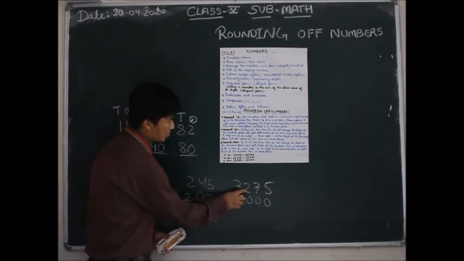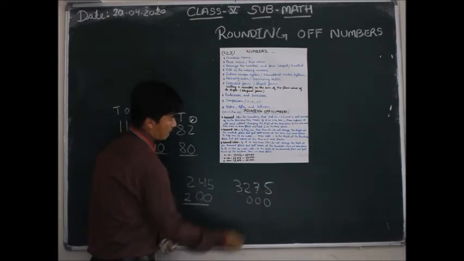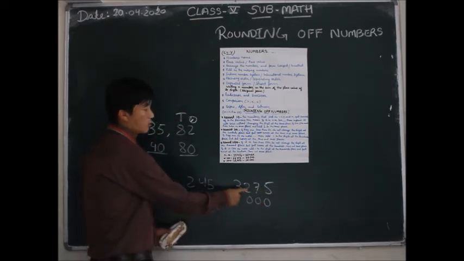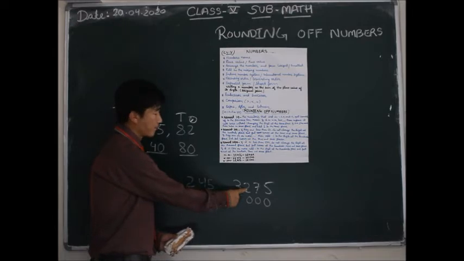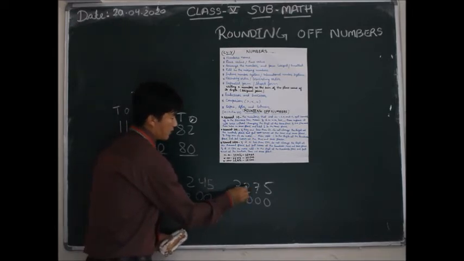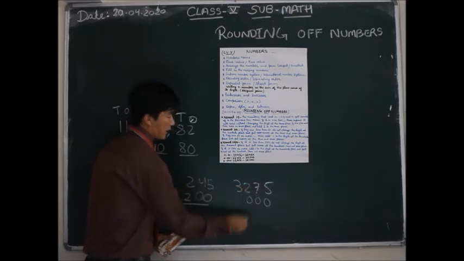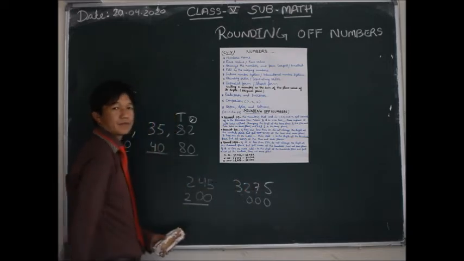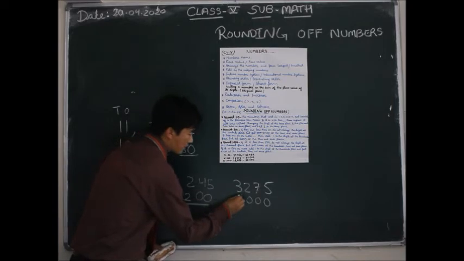But here is 3275, and here it is 200, that means less than 500. So 200 is less than 500, that means it remains the same. 3 remains the same, that means thousands remains the same, 3000.